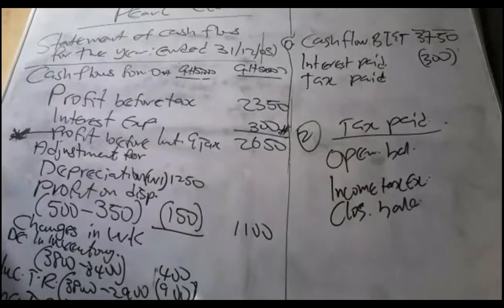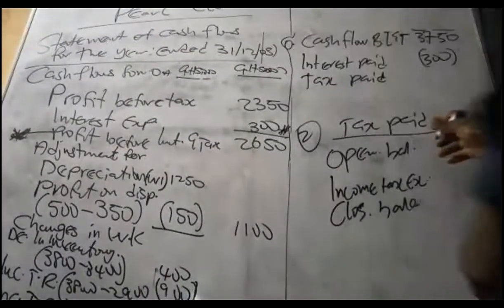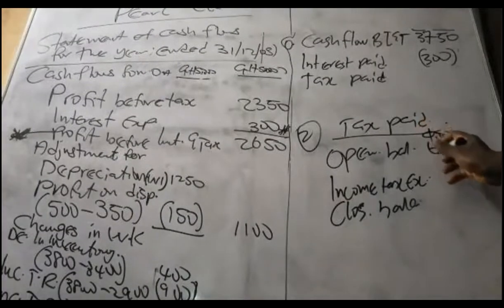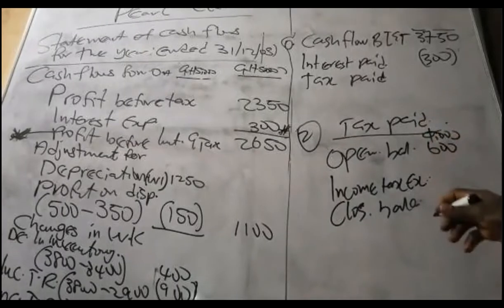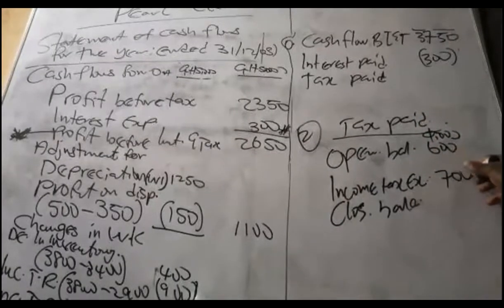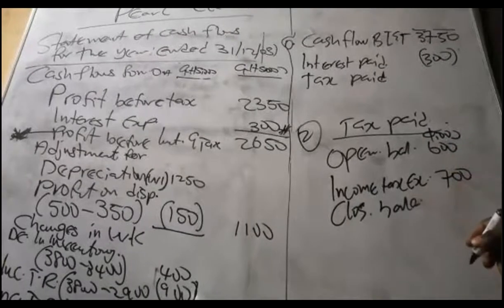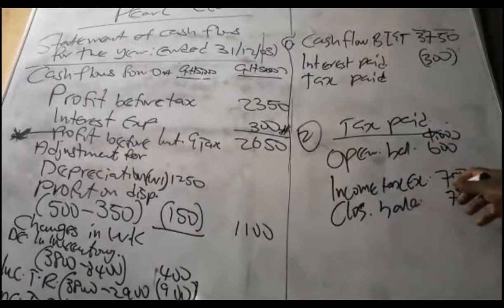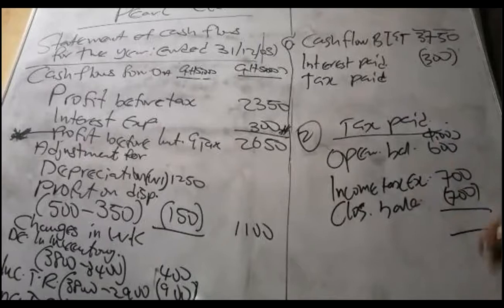So now the opening balance is 600. Don't forget your currency. Income tax expense is 700. Then the closing balance too happens to be 700. So what's the tax paid? So this one is to cancel.